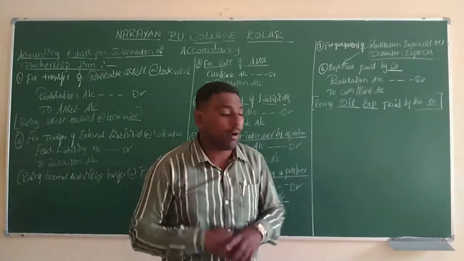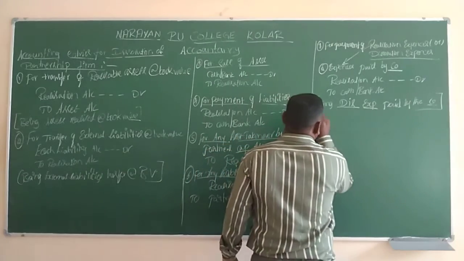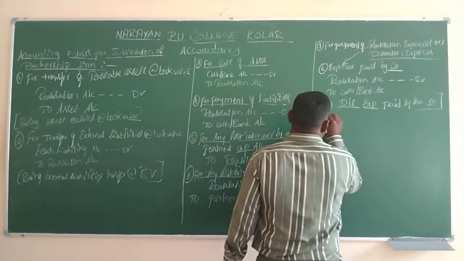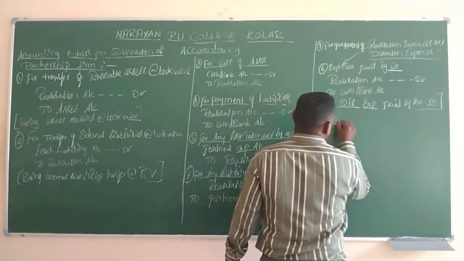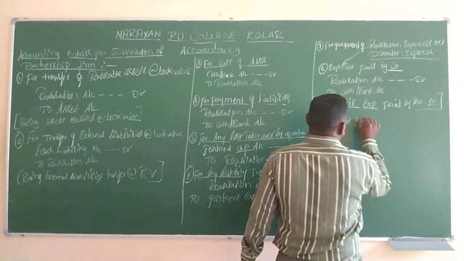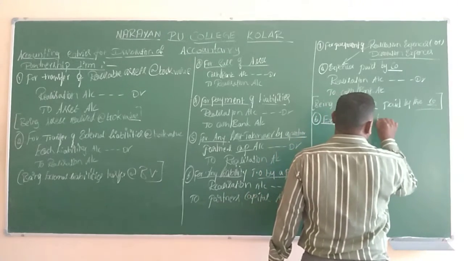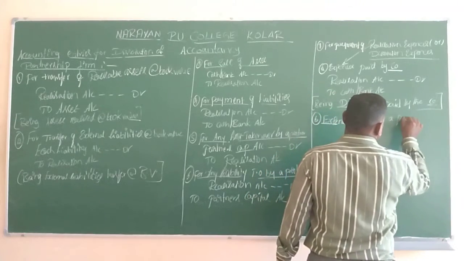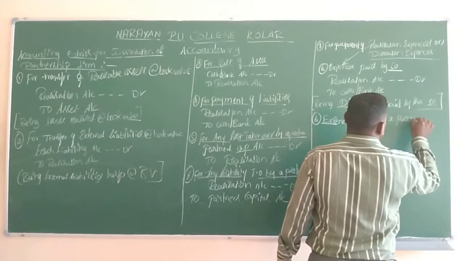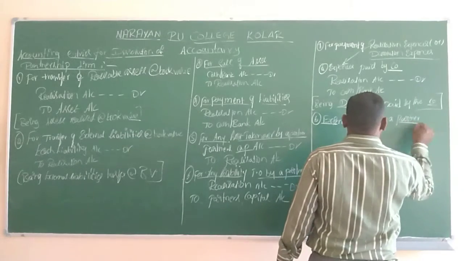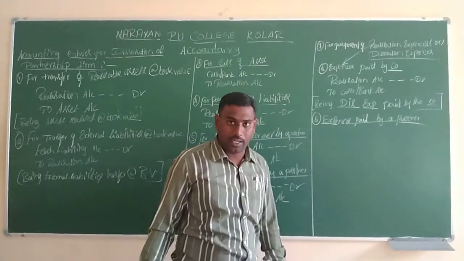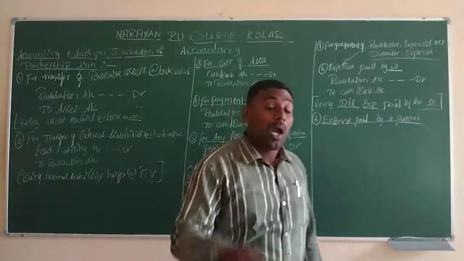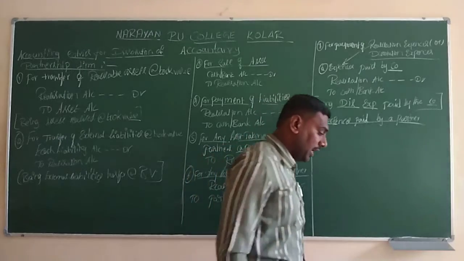How do we frame the journal entry during that time? So point B: realization expenses paid by a partner. If any realization expenses are paid by the partner, how do we frame the journal entry?